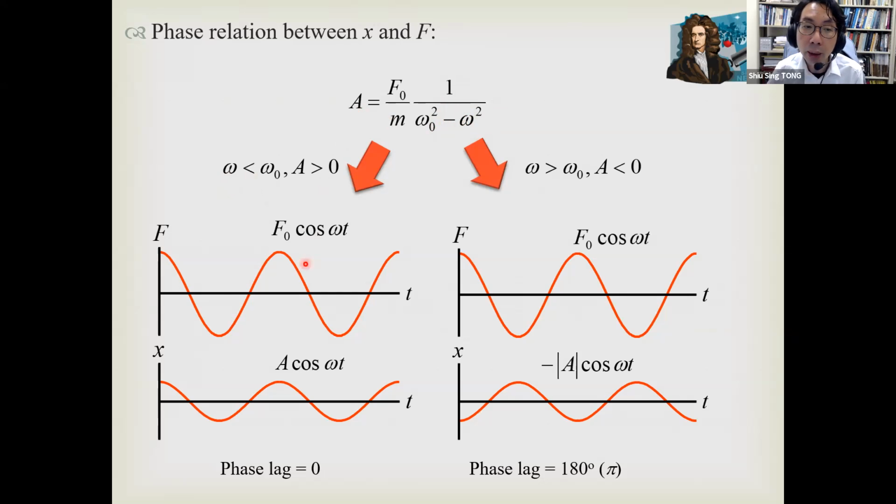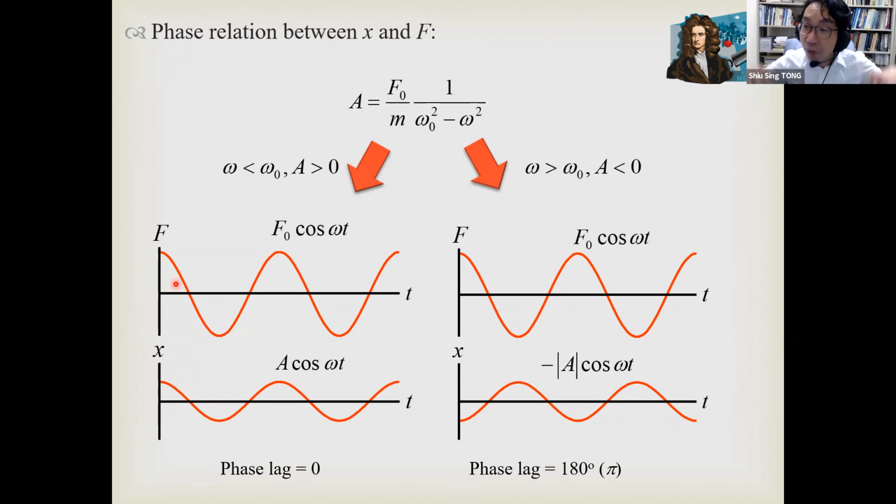That means if the driving force varies with a cosine omega t, the displacement, which is A cosine omega t, also varies with the same cosine factor because A is positive. So A and F naught are both positive, and they both vary with a cosine factor. So they are in phase.